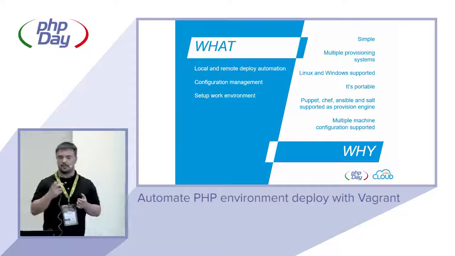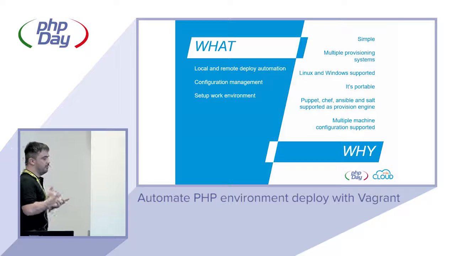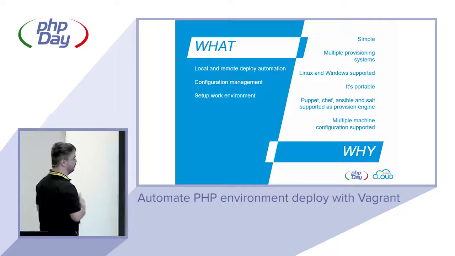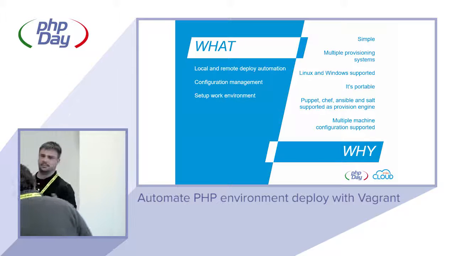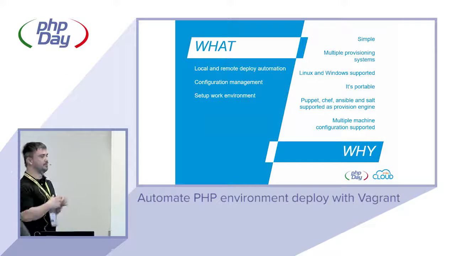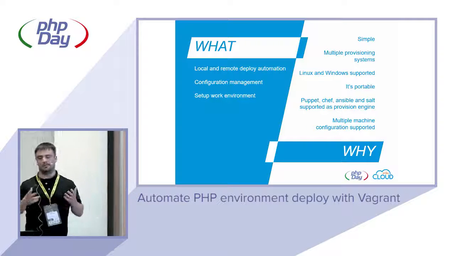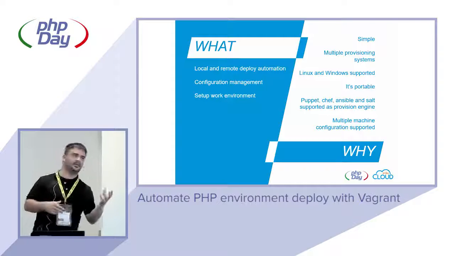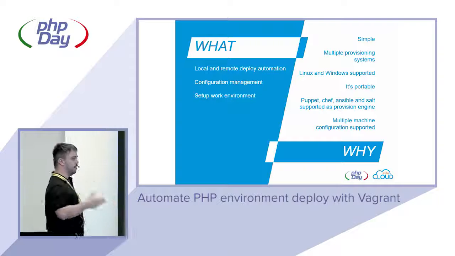And what is a use case for Vagrant? A valid use case is when you need to save time, because every time you create a new environment, every time you develop something with a different framework, a different database, a different architecture, you have to configure everything manually.